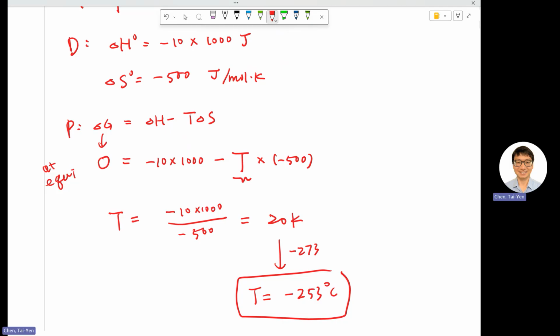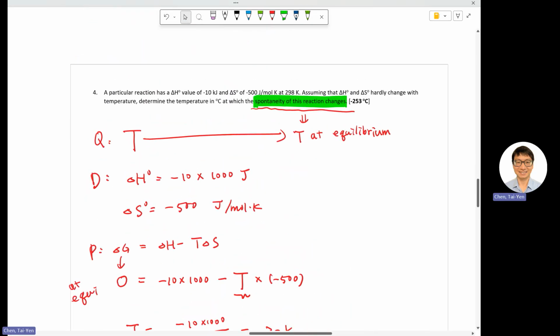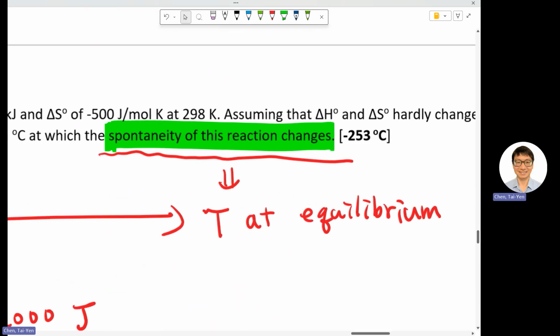So in the very last sentence, it asks at what temperature the spontaneity of the reaction is going to change, right? This highlighted sentence, you have to translate into something that you can calculate. We just said that at equilibrium, your delta G equals 0. Positive moves to the reactant side, negative moves to the product side.